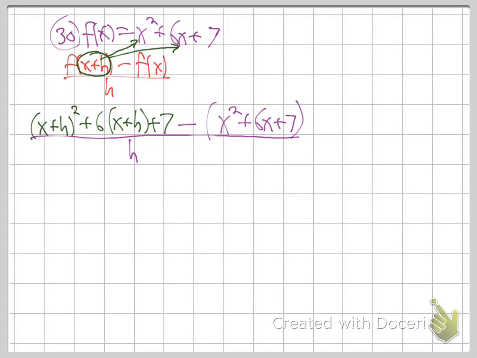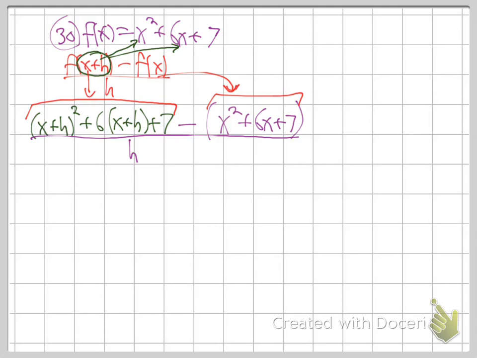So, right here, this is the f of x plus h. This is the f of x. See how I just took our function, x squared plus 6x plus 7. I plugged in x plus h, x plus h, the two places there was an x. And then subtracted the whole f of x.